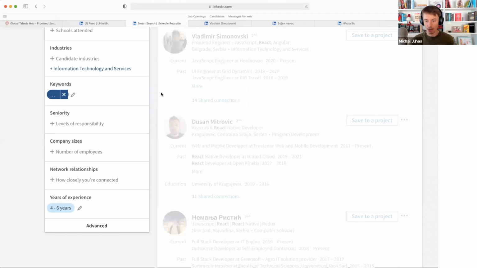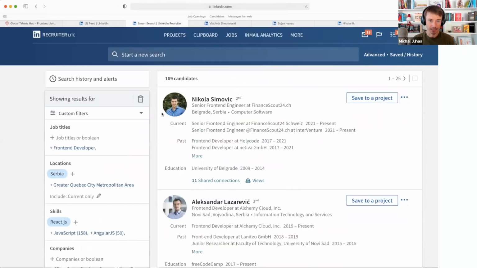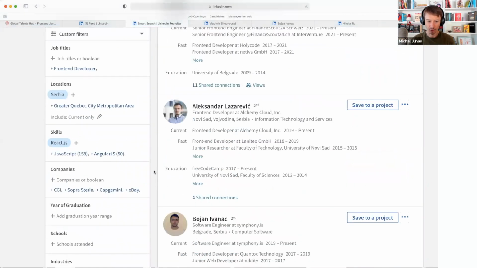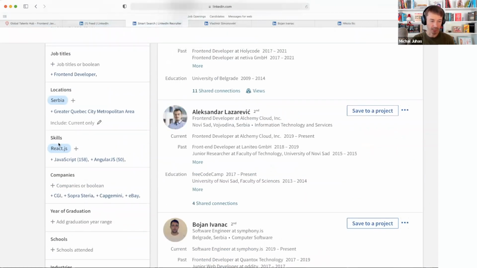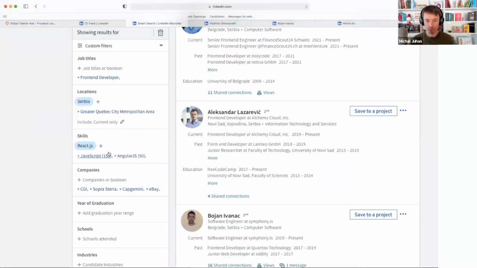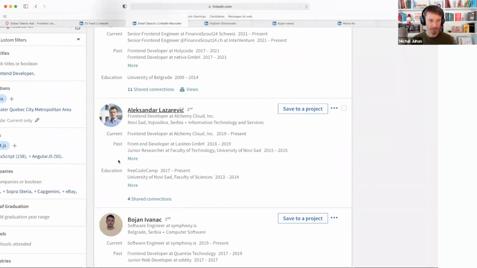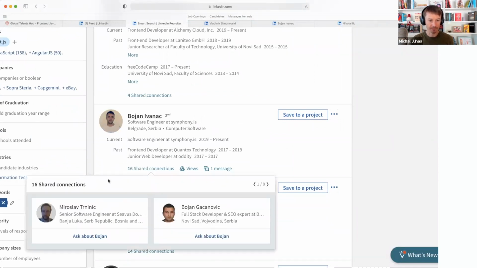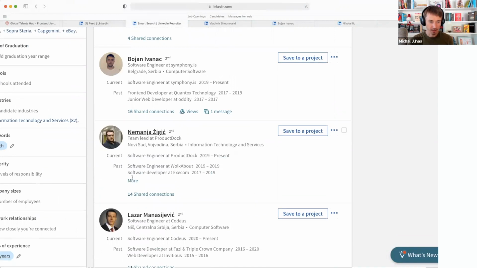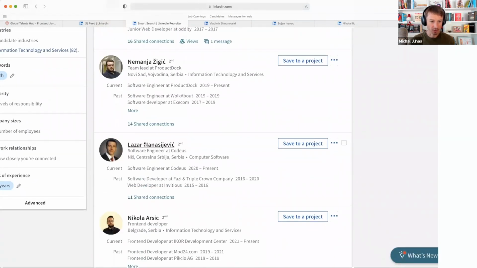So let's see. And now we will get those developers who are excited about health. React and health. Yes. We can have React and health, but we also have React here in skills, so it would be redundant, but otherwise, yes, you are right. So Boyan is here, and another developer, Nemanja Žigic, Lazar. So let's open up just to double check if it still makes sense.